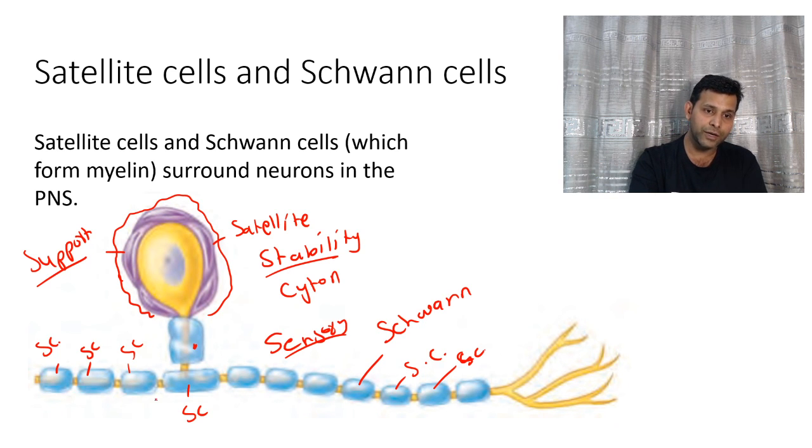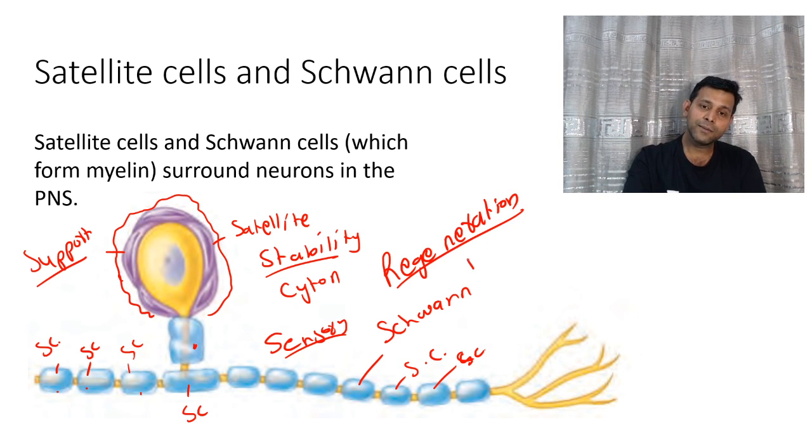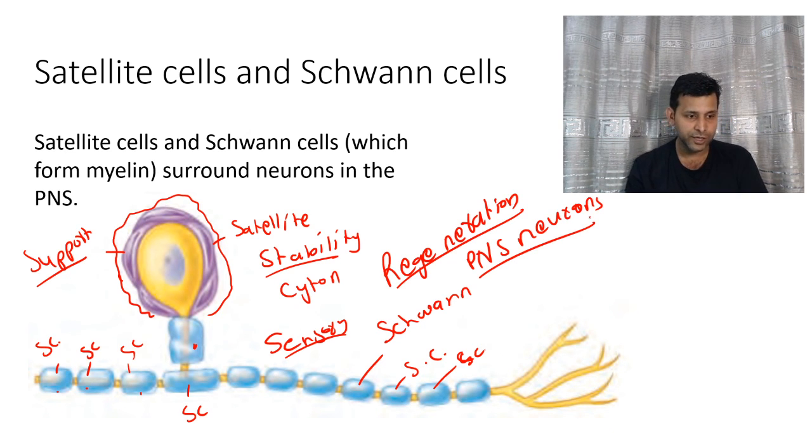Of course, they also help in regeneration of the PNS neurons. PNS neurons have the ability to regenerate, but CNS neurons don't, because in the PNS we have Schwann cells, and in the CNS we have oligodendrocytes.